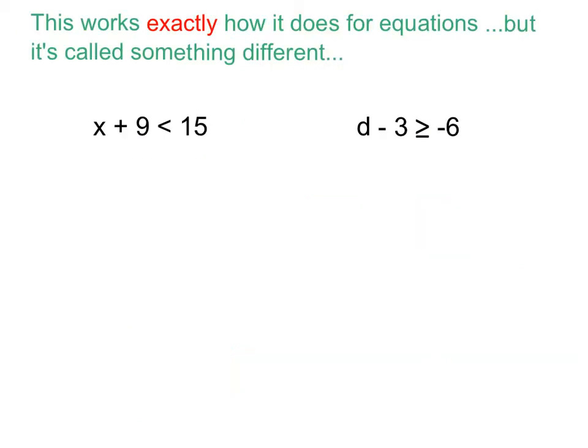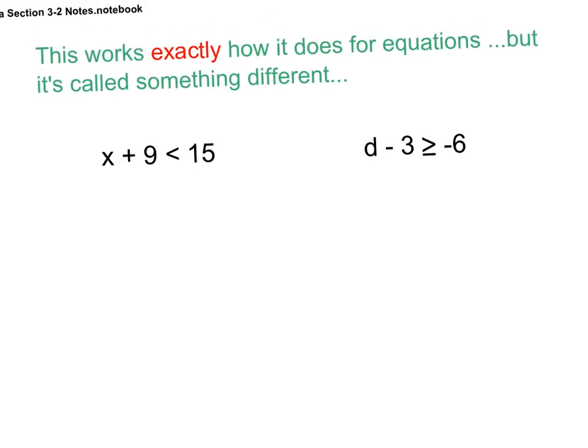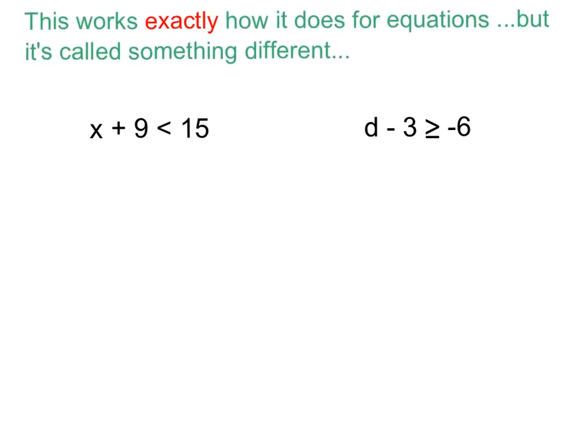Now the same thing that we did to solve equations, we're going to use to solve inequalities. We're going to use our properties of inequality to do this, but everything is going to stay the same. So I have x plus 9 is less than 15.